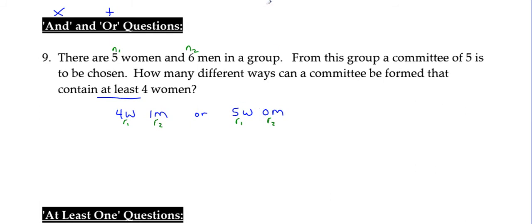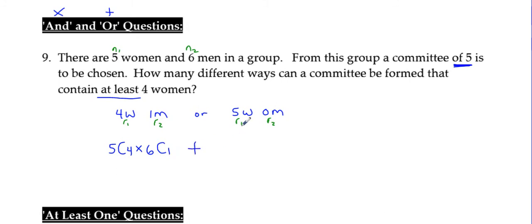So in this example, what we have is 4 women. So there's 5 women to choose from. We want to choose 4 of them. And if there's 4 women, that means out of the 6 men, you have to have 1 because you need a committee of 5. So if 4 of them have to be women, then 1 of them has to be a man. So that's one case.